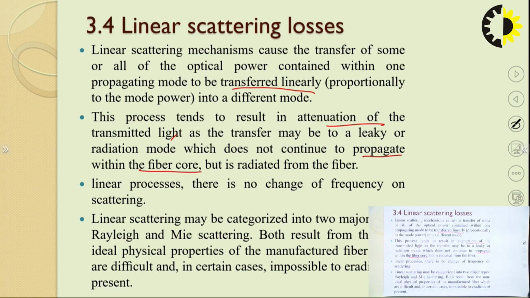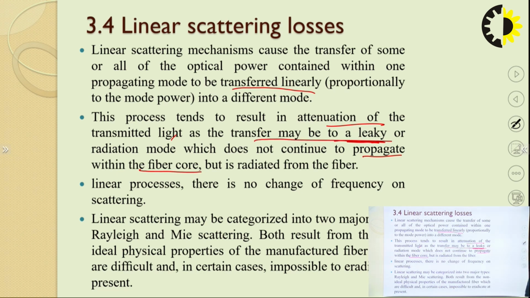This loss of signal results in the output power value going low, and this power may be transferred to the leaky mode.